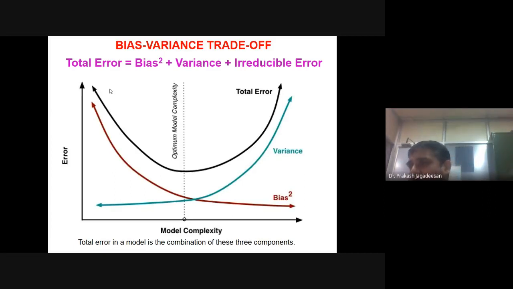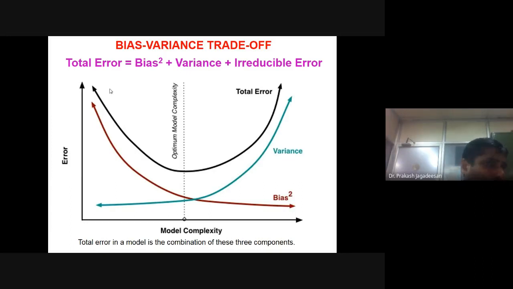That's our primary focus. So for that, the important thing here is that everyone should understand this concept of bias variance trade-off. This is a very important concept.